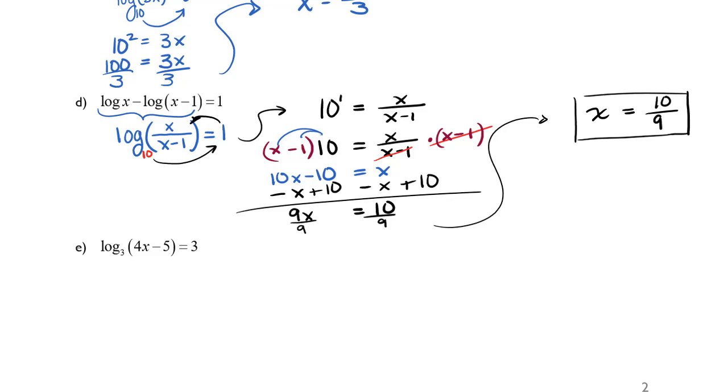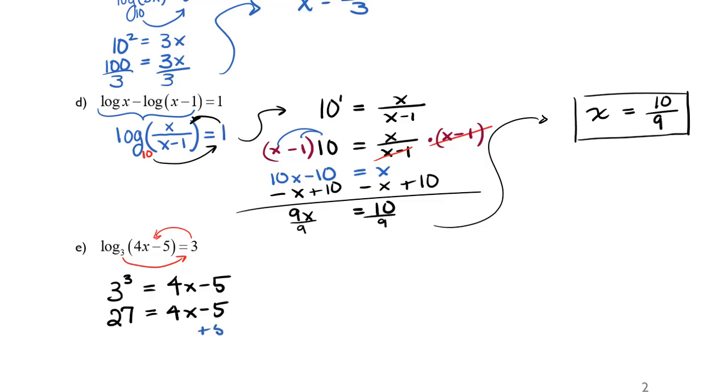Our last example is log base 3 of 4x minus 5 equals 3. I'll use the log scorpion. 3 raised to the third equals the stuff inside, 4x minus 5. Then I'll calculate this 3 to the third, that's 27, equals 4x minus 5.